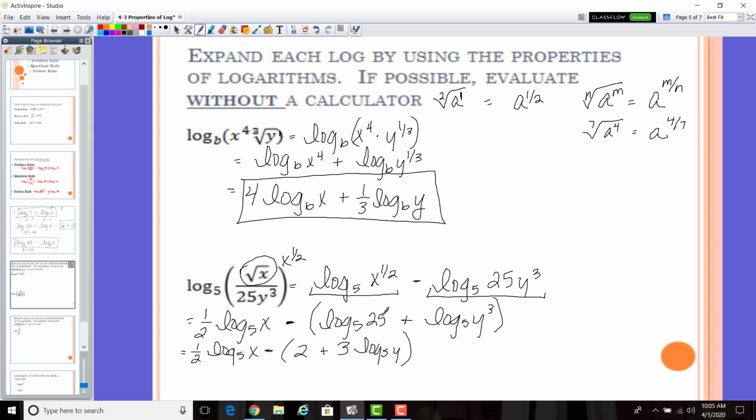Now, in terms of properties, I am done. But now, to finalize this answer, I need to distribute this subtraction into the product. So my final answer is going to be 1/2 log base 5 of x minus 2 minus 3 log base 5 of y.